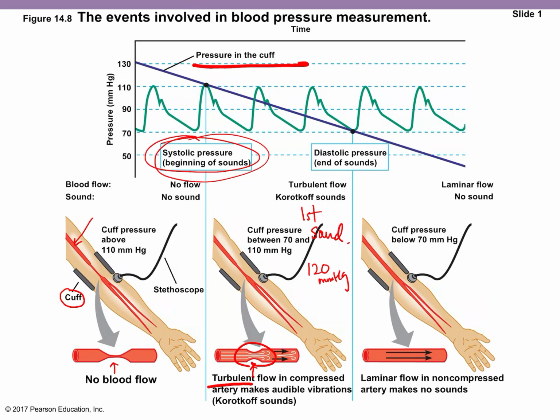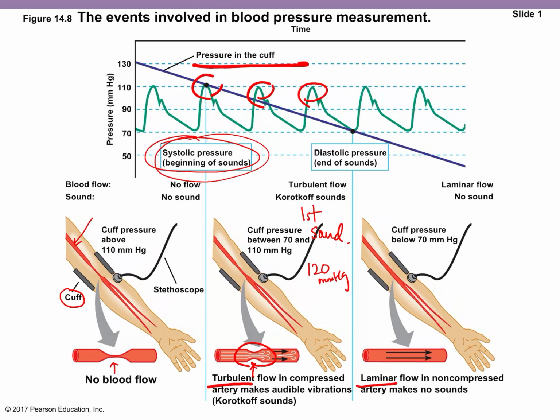Now, you allow the air to escape little by little and watch the needle go down the pressure gauge. You continue to hear turbulent flow, a sound, a sound, a sound, until the brachial artery has opened enough that the blood flows through in a very smooth manner, and that's called laminar flow.